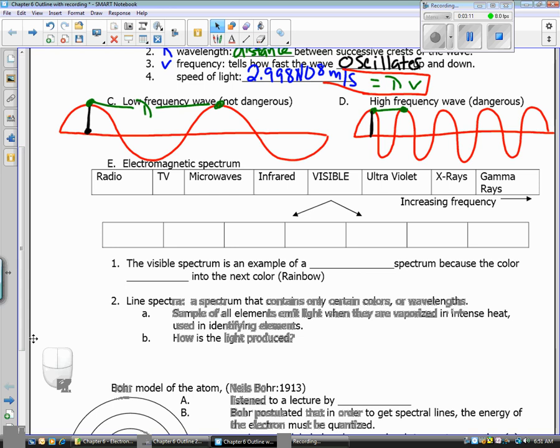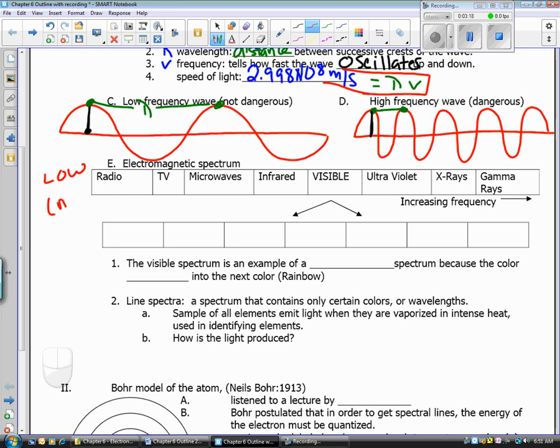Now, you've seen this electromagnetic spectrum before. It starts over here with the very low frequencies, so they're not dangerous, and it goes all the way up to the high frequencies, and these are the dangerous ones. And in the middle is something we call the visible light spectrum. You may have heard it as Roy G. Biv.